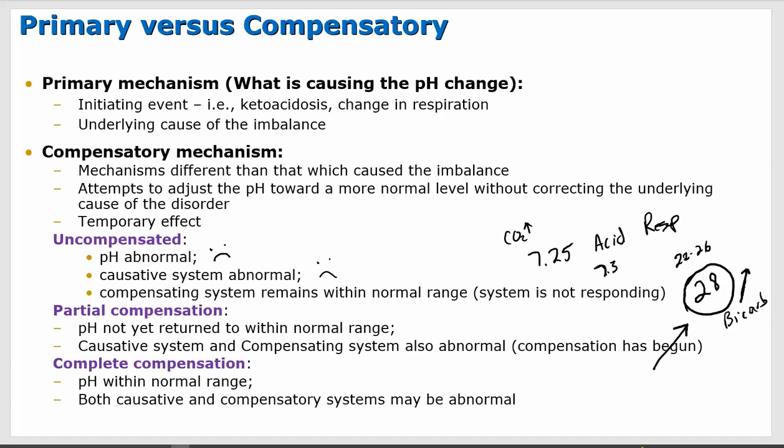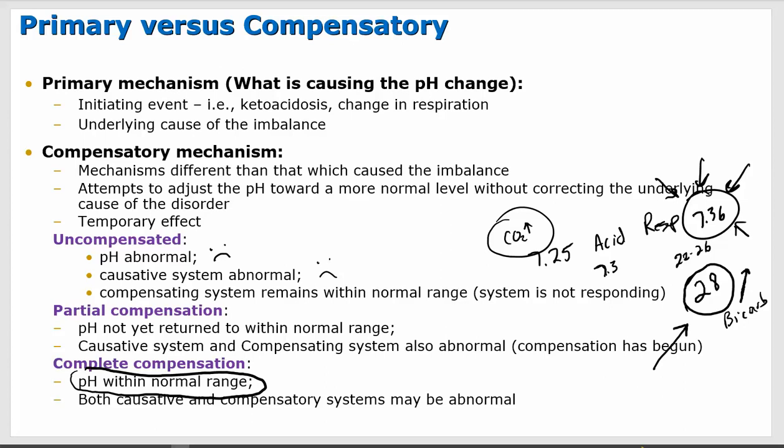Then complete compensation means your pH is within normal range. Now my pH is back up to 7.36. My bicarb and carbon dioxide levels may still be high, but I have compensated. At least my pH is normal. I still need to fix the problem, but my pH is normal.